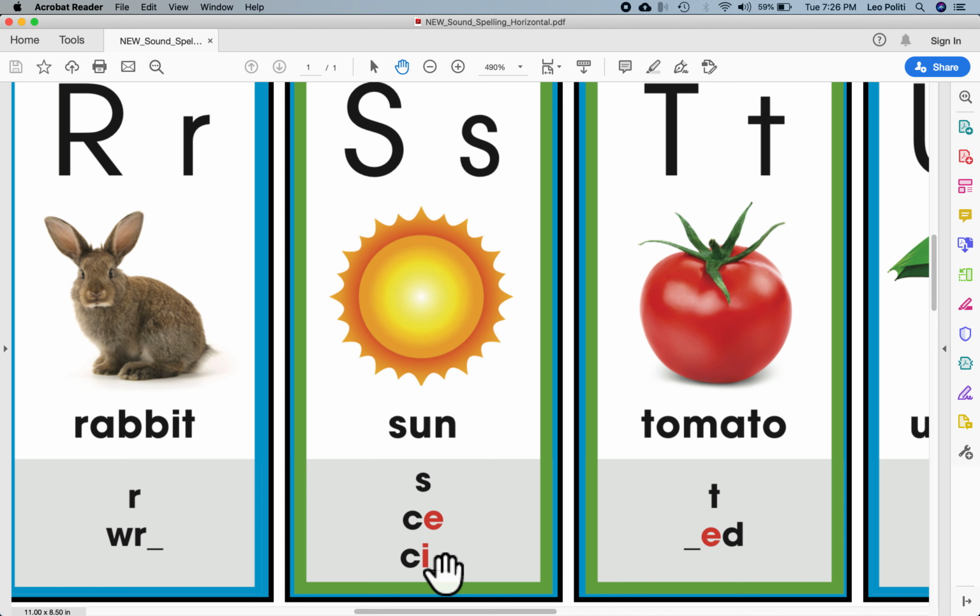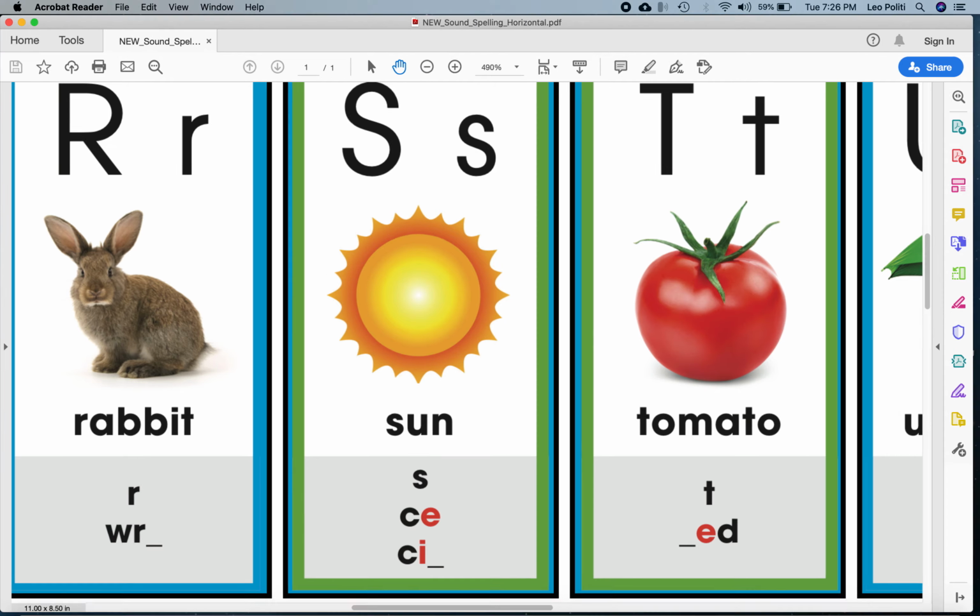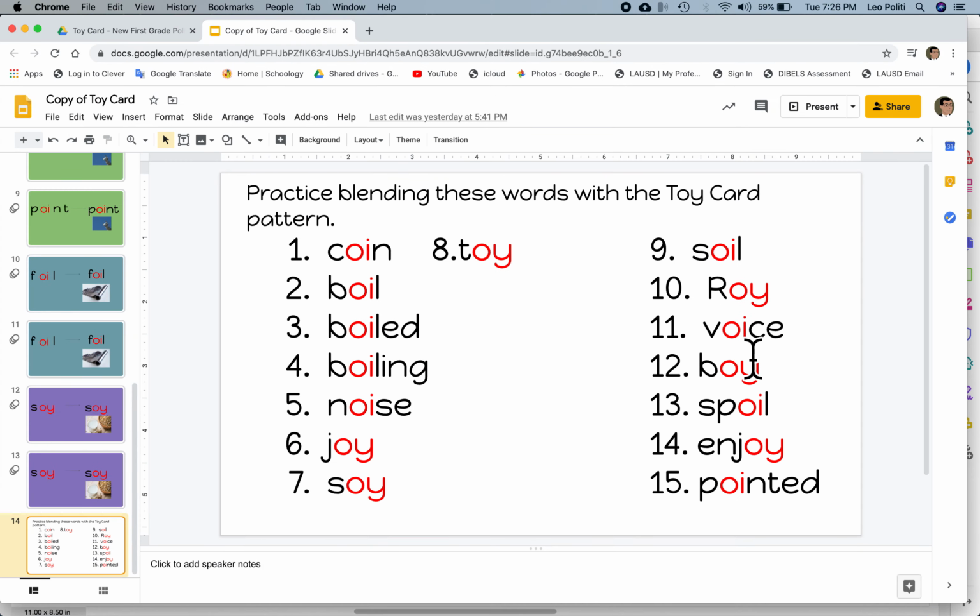S says s. CE says s. The C says s, soft C. The C here says s, soft C. Now, sometimes when you have a soft C, you hear the short I, like cinnamon, or here cent, like I have 5 cents. Okay, so I just thought I'd do a quick review of soft C.